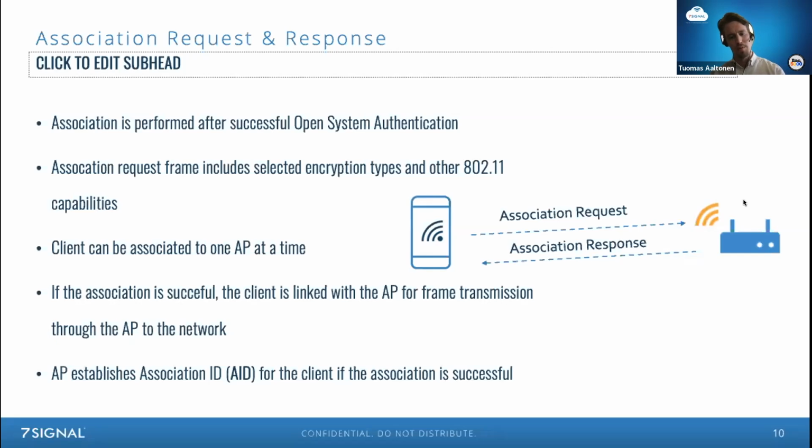So it's about identifying these different devices that are associated to the network. A client can only be associated to one access point at the same time. And if it needs to associate to another AP, it would need to reassociate, which is the roaming part.